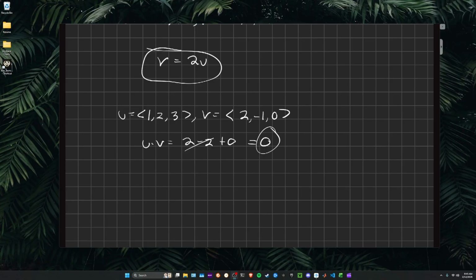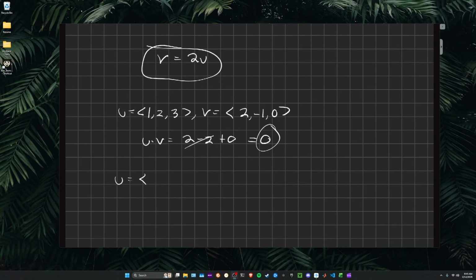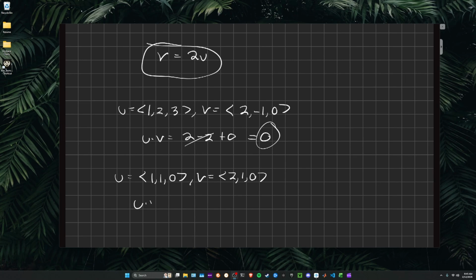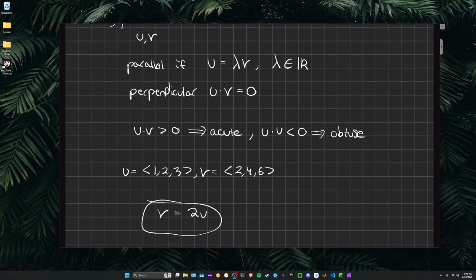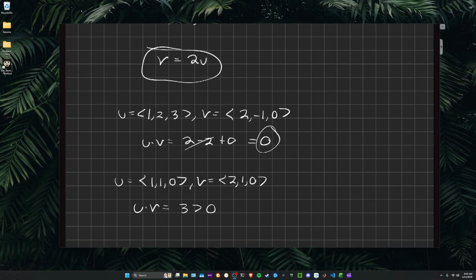And then the vector u is 1, 1, 0, and the vector v is 2, 1, 0. So their dot product is just 3, 1 times 2 plus 1 times 1. 3 is greater than 0. And so we mentioned that if it's greater than 0, the angle is acute.